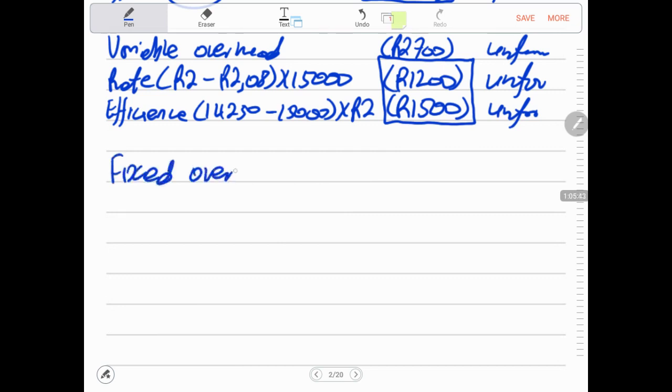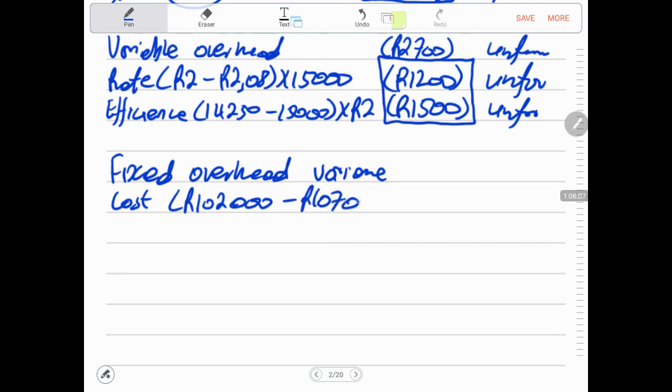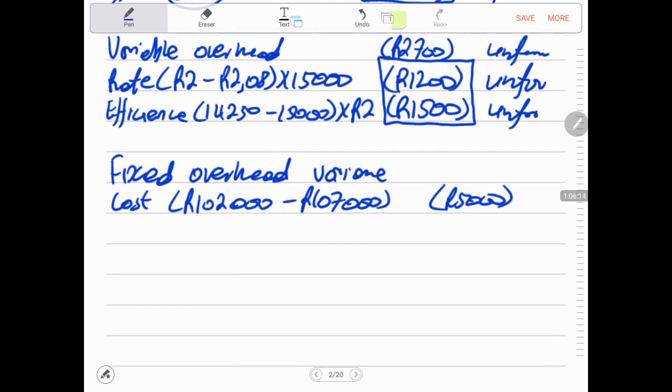Fixed overhead cost variance, and it will be the cost of fixed overhead budgeted 102,000 minus 107,000. There is 5,000 that is unfavorable.